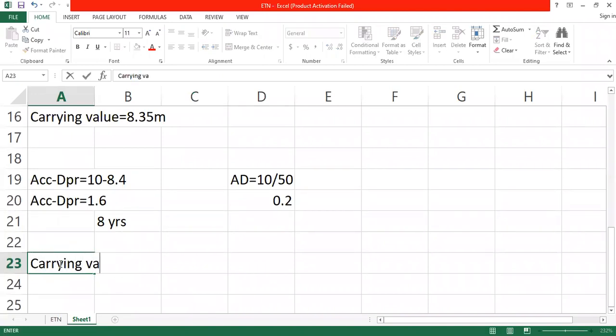The carrying value equals 8.4 minus, into brackets, 8.4 divided by 42 years, since the 8.4 is for the remaining 42 years, then all of these times 3/12. At the end of the day, we should be getting the same answer.